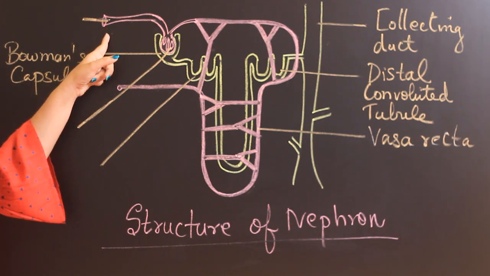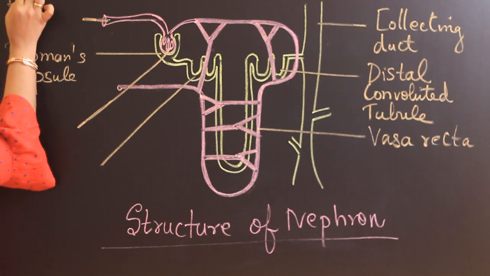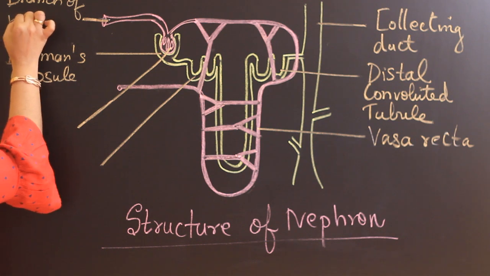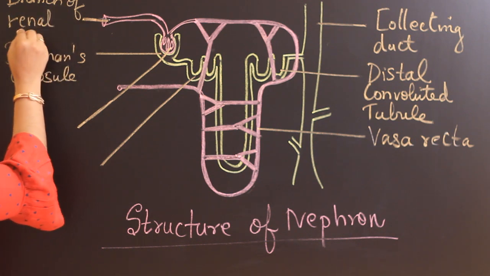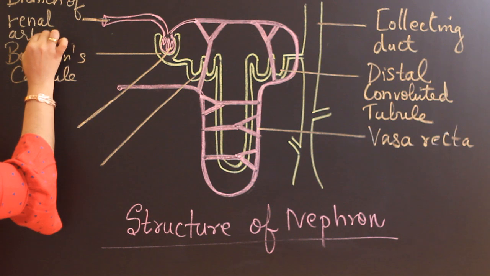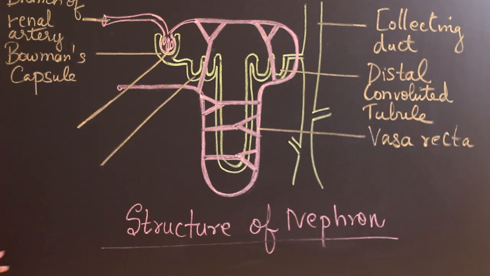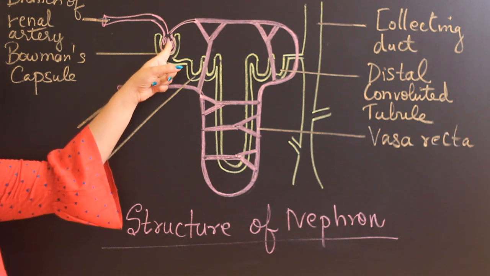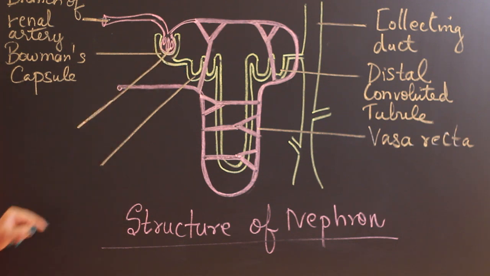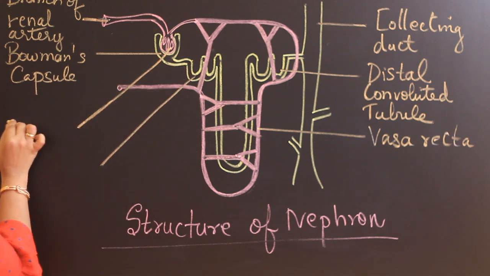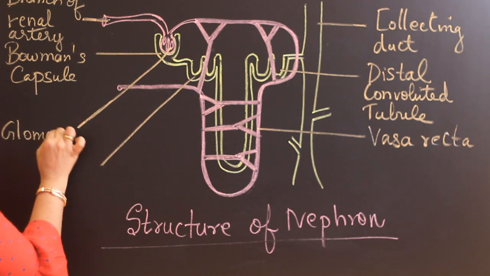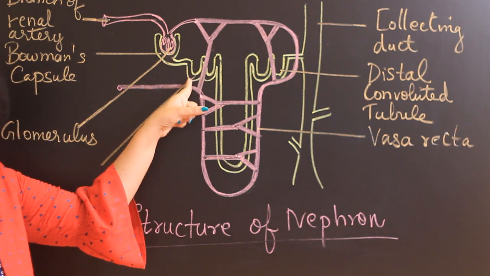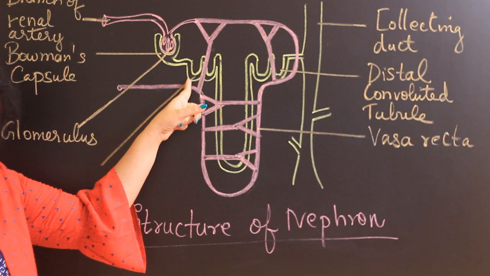This is a branch of renal artery. Renal artery forms the tuft of blood capillaries inside Bowman's capsule, which is called as glomerulus. Highly coiled region immediately after Bowman's capsule, it's called as proximal convoluted tubule.